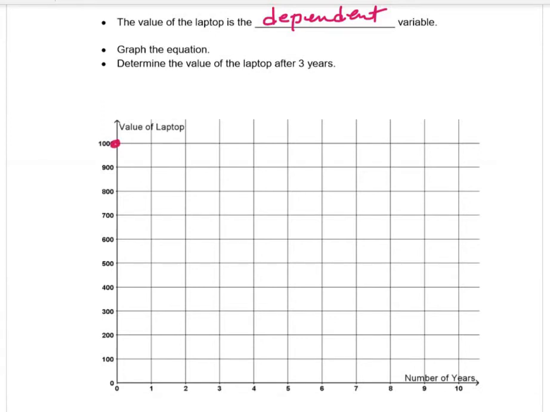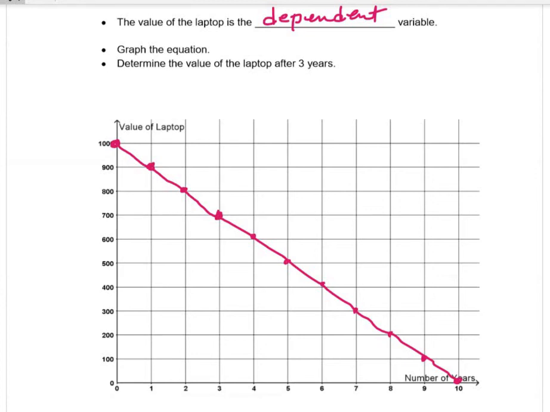And as I go along the x-axis, every year I move over, the value of the computer is going to go down $100. I go over 1 year and I'm going to be going down $100. So I can continue this graph on until I get to here. Right? So in 10 years, the value of the computer will be 0. So I want to connect these dots. So I connect the dots, and that's what my graph looks like.